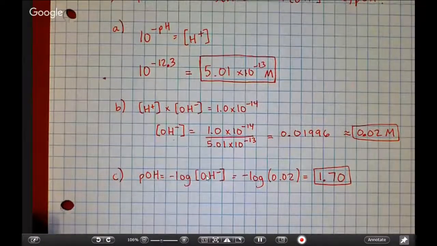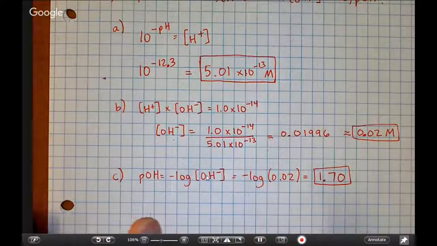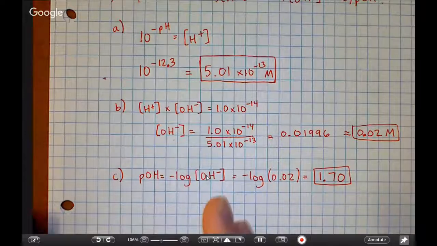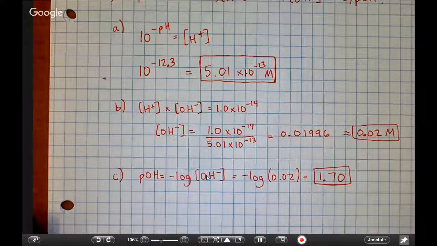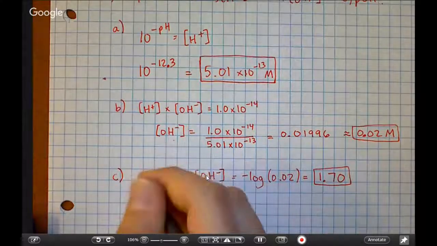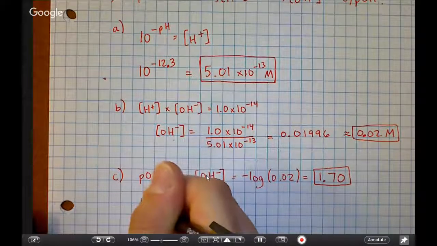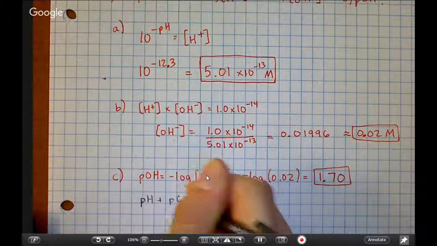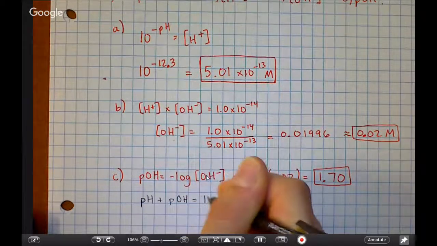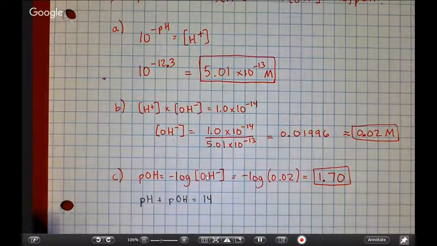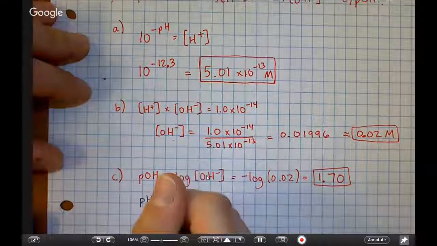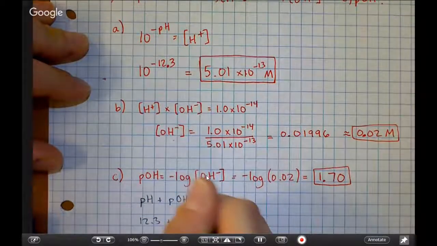Okay. Now, if we want to check ourselves, I'm not doing this to confuse you, but just to show you that there's multiple avenues of solving for these problems. So what we could have done is remember above that pH plus pOH equals 14. We were provided a pH of 12.3.